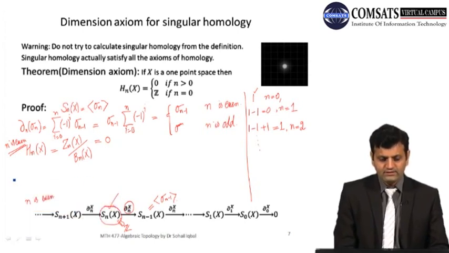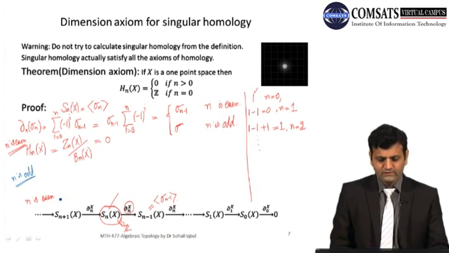So let's see the case when n is odd. Now I want to calculate H_n(X), which is equal to Z_n(X) quotient with the boundaries.